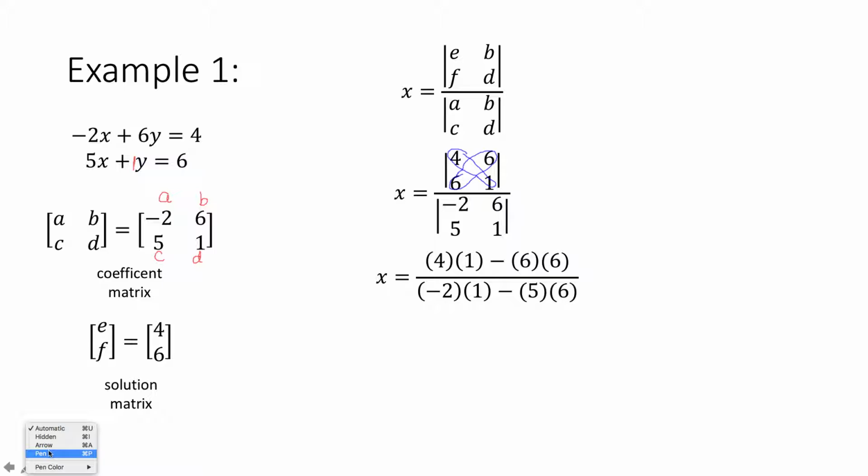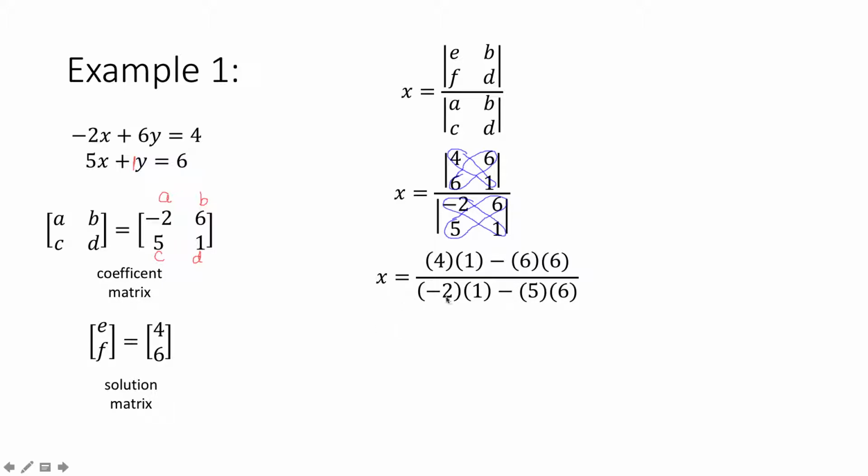Then I would do the same thing on the bottom: -2 times 1 minus 5 times 6. Notice how I keep my fraction together. I'm rewriting everything. The only thing I'm doing is writing the formula at the top for the determinant of the top, and the formula for the bottom determinant.